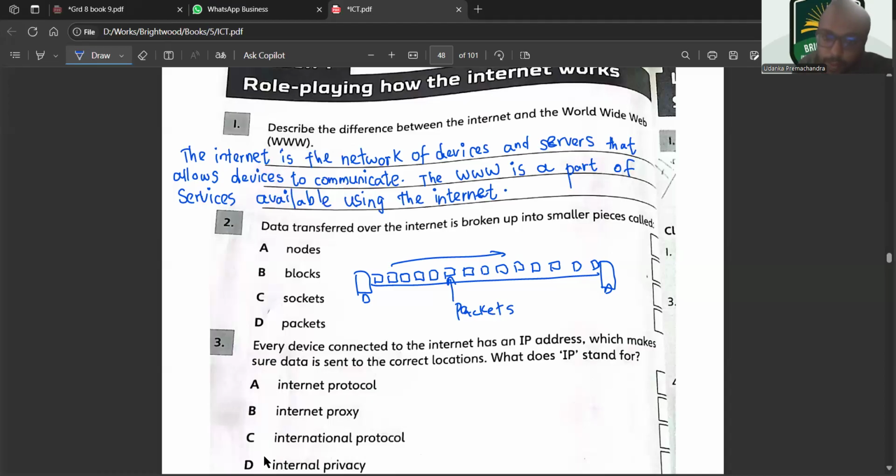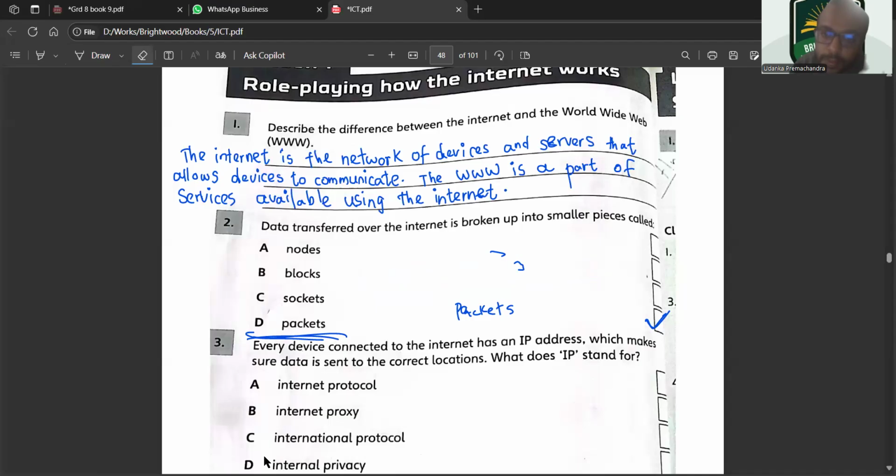So, what should be the answer? Packets. Data packets. D should be the answer. So, data transferred over the internet is broken up into small pieces called packets.